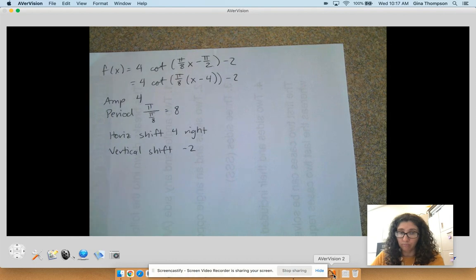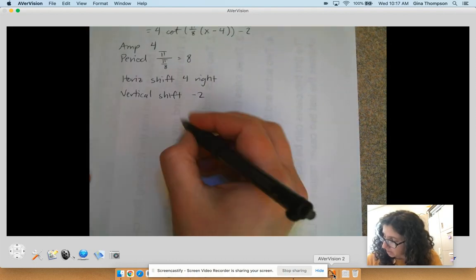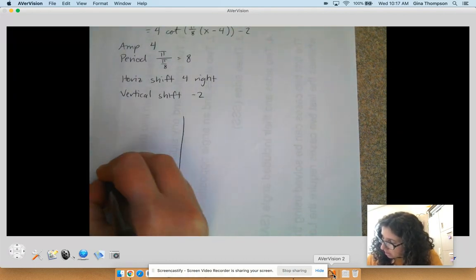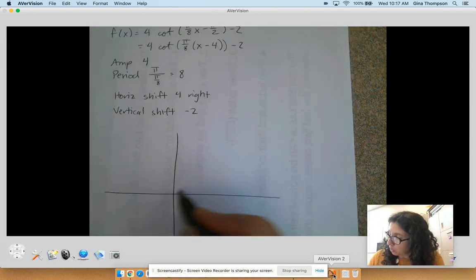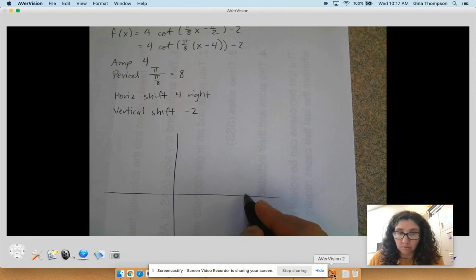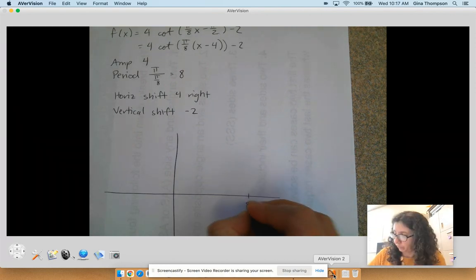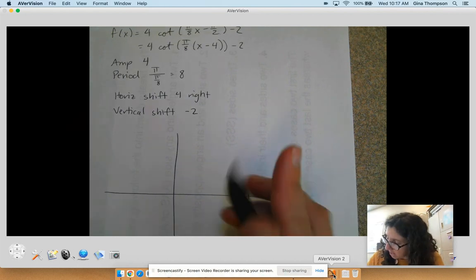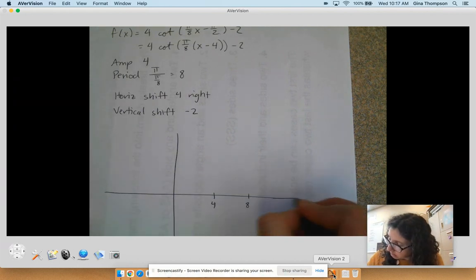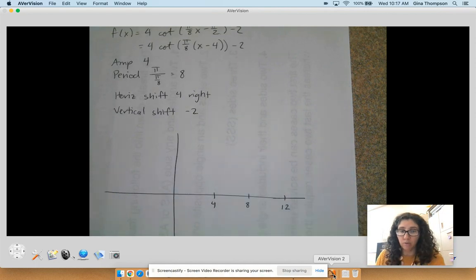We're going down 2. All right, let's deal with this. So normally for cotangent, we'd go over from 0 to 8 if our period is 8. But we're shifting 4 to the right. So we're going to go from 4 all the way to 12.